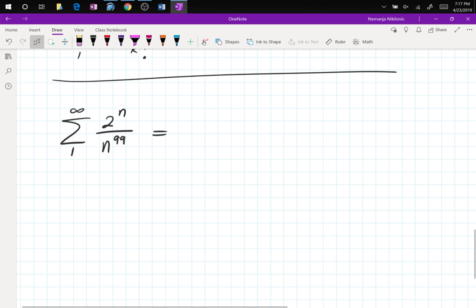It's a little tiny 2 over there, and it's a beefy 99 in the bottom, right? But guys, when 2 to the n takes over, and eventually it will, n to the 99 will never catch up or be ever remotely as close. Exponential function has the growth that polynomial functions cannot match no matter what exponent you put up there.